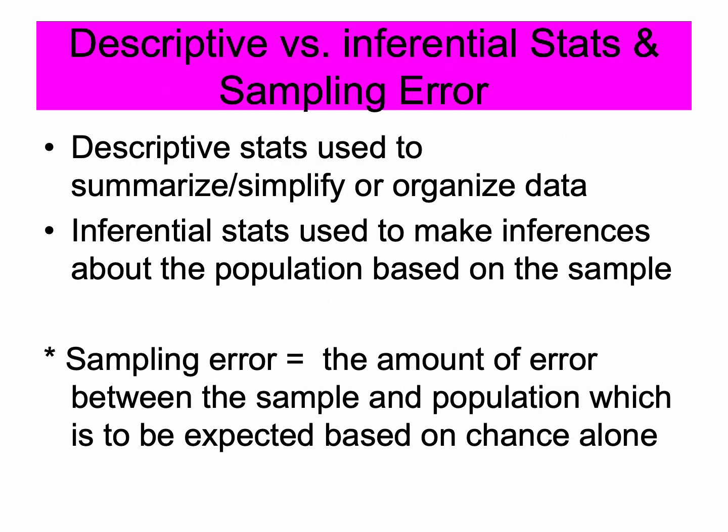With descriptive statistics and inferential statistics, primarily with descriptive statistics, what we're trying to do is summarize our data, simplify it in some way. We're really just describing the sample that we have. We might get the mean for some of our variables, but we're describing the sample. With inferential stats, we're using our sample as well, but here we're using it to make inferences about the population.